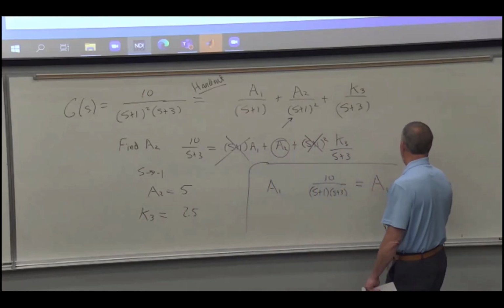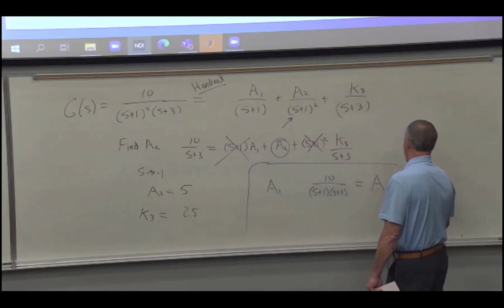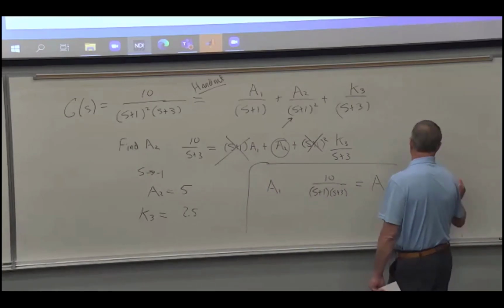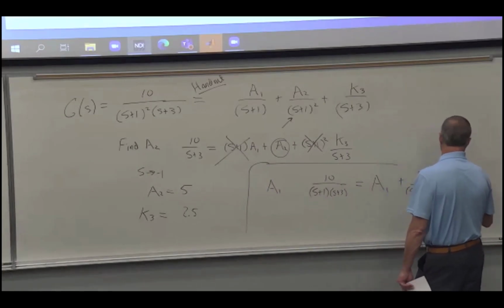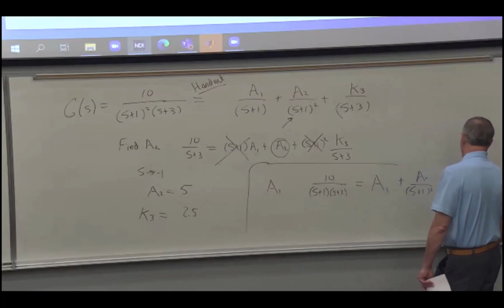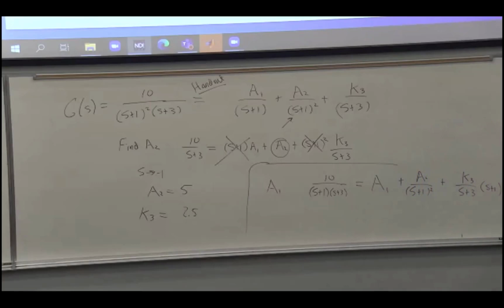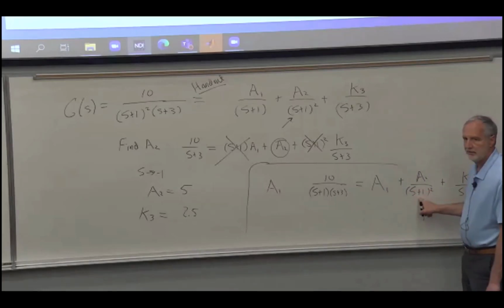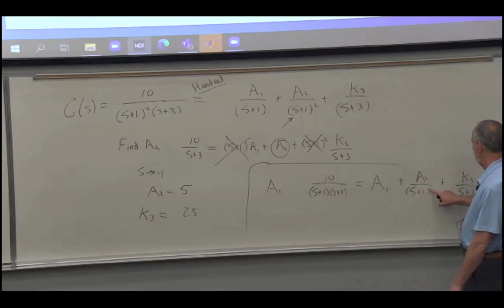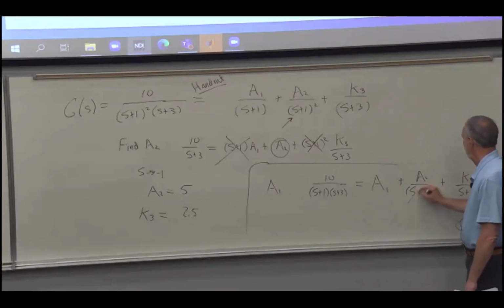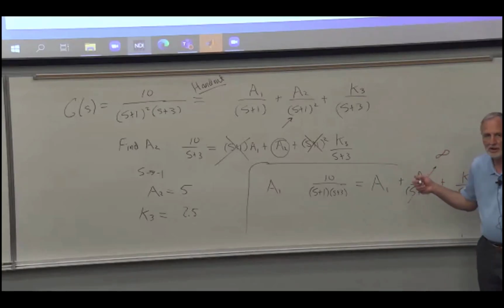There's A1 all by itself. Right, and that's going to look good. We're going to let S approach -1. It's going to knock that out. Oh, but what happens when S goes to -1 here? Oh, wait, sorry, we canceled out one of those, right? This is going to go to infinity, and we don't get anything.